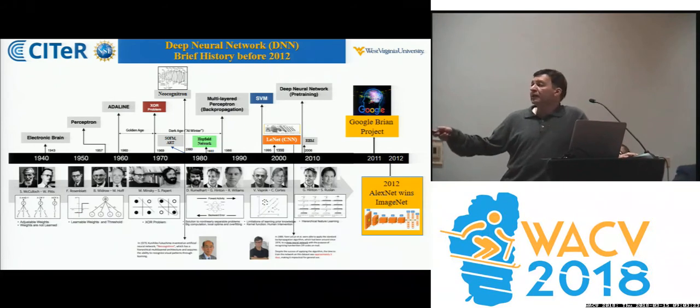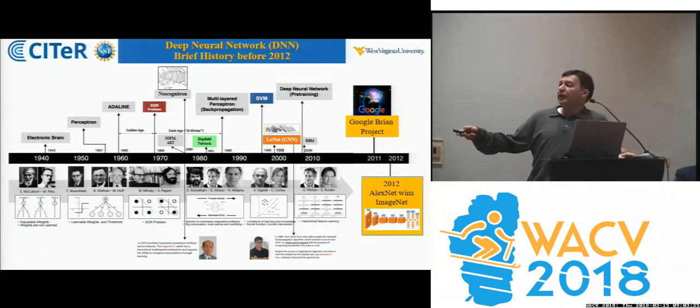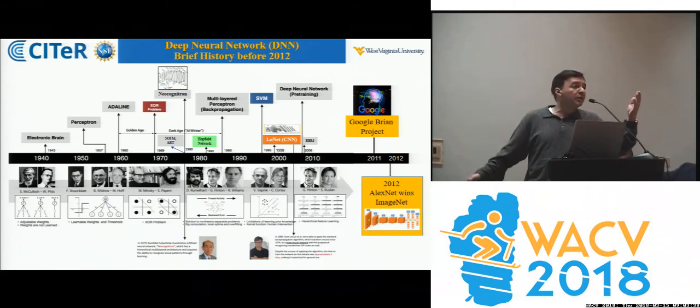And then one of the students of Hinton at Toronto University, Alex, used nothing more than LeNet, which was done previously. LeNet is only 5 layers. All he did was use 8 layers rather than 5 layers.